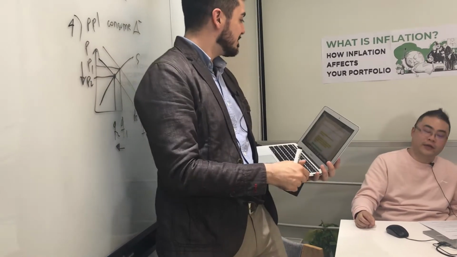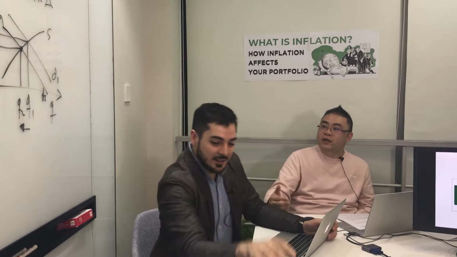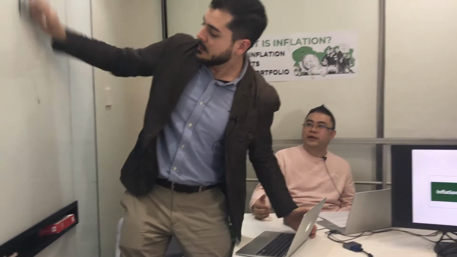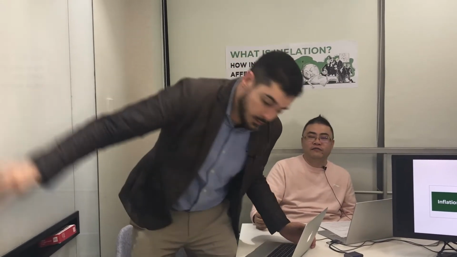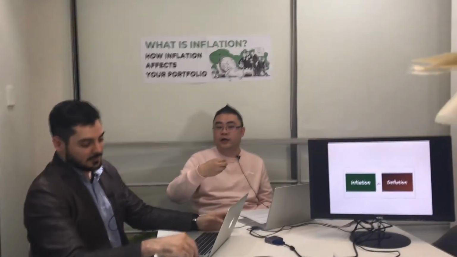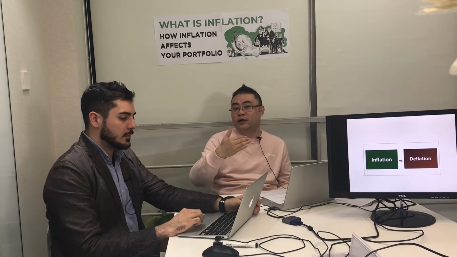Now maybe most countries don't worry about inflation because they have enough tools to control it, even hyperinflation. They can just print new money with a new interest rate, so it can be fixed. But for deflation, there are not many ways to fix it.